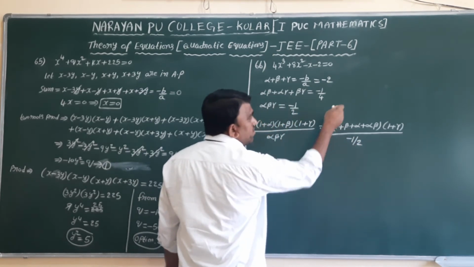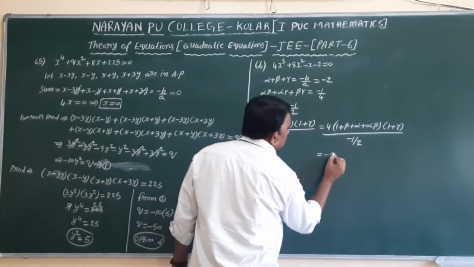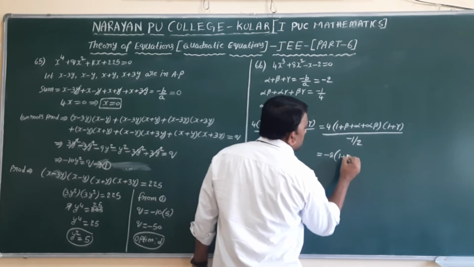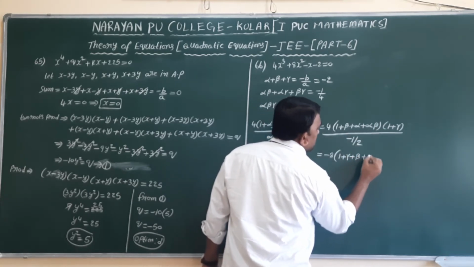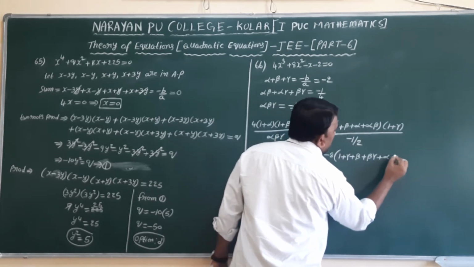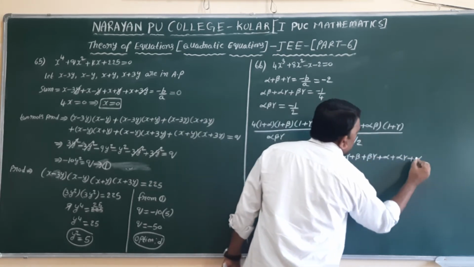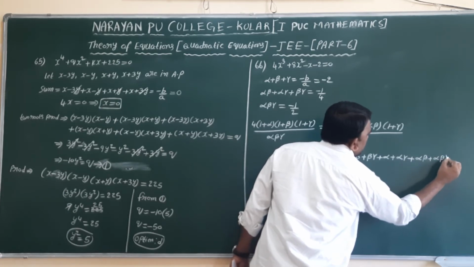Multiply 1 plus gamma with beta: beta plus beta gamma, with alpha: alpha plus alpha gamma, with alpha beta: plus alpha beta gamma.